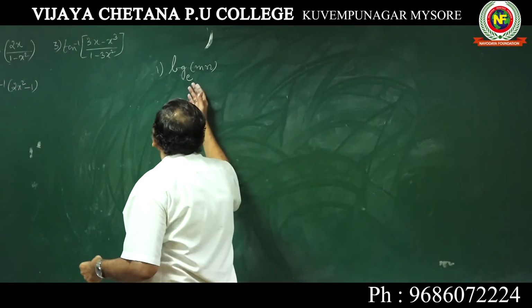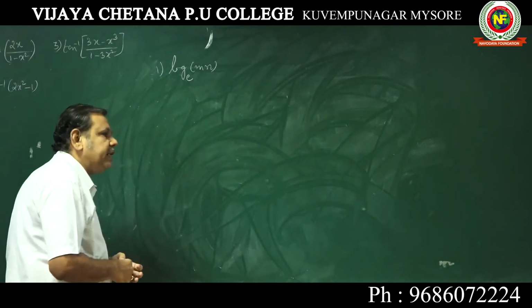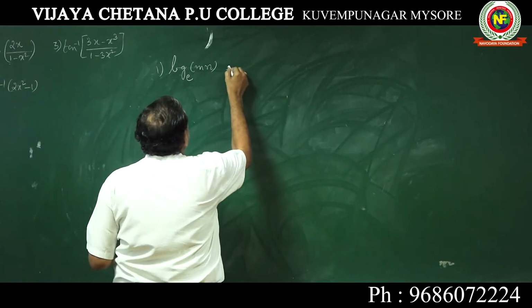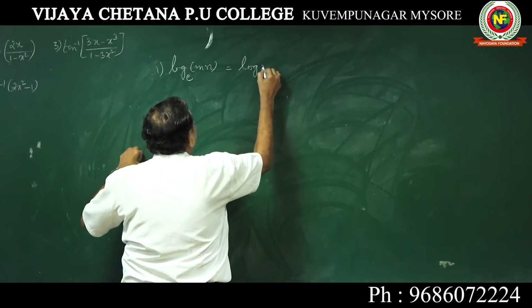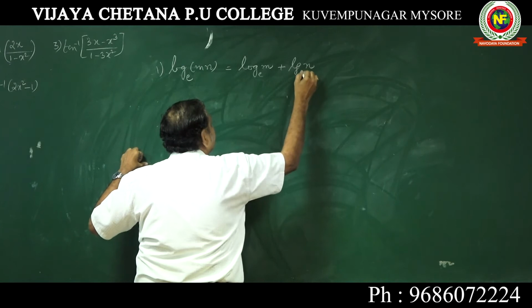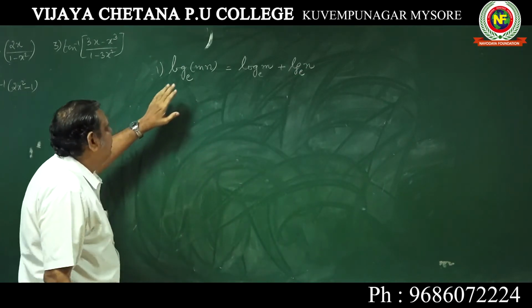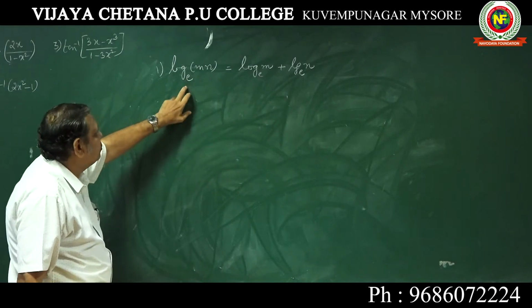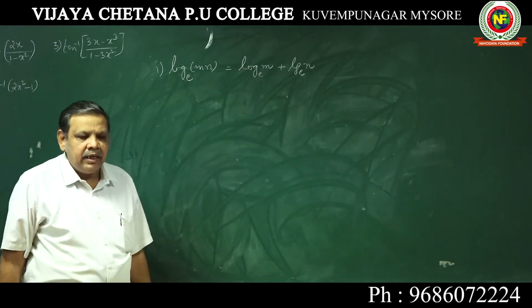But here we use logarithm to the base e, called Neperian logarithm. Log mn to the base e is given by log m to the base e plus log n to the base e. Nothing is mentioned, then it is understood to be e. We can also write log mn equal to log m plus log n. That means it is understood the base is e.